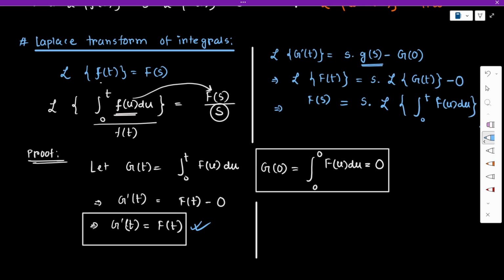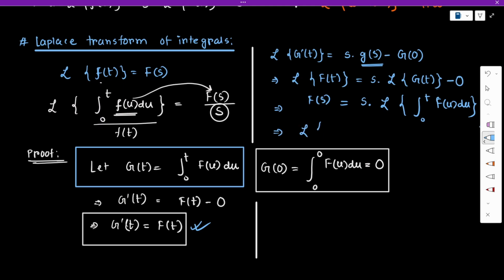Isn't that correct? Because we have already defined g(t) as the outcome of the integral of f(u) du. So we can say that the Laplace transform of the integral from 0 to t of f(u) du is going to be F(s) divided by s. And that's the answer. That is our proof. I hope you have understood that.